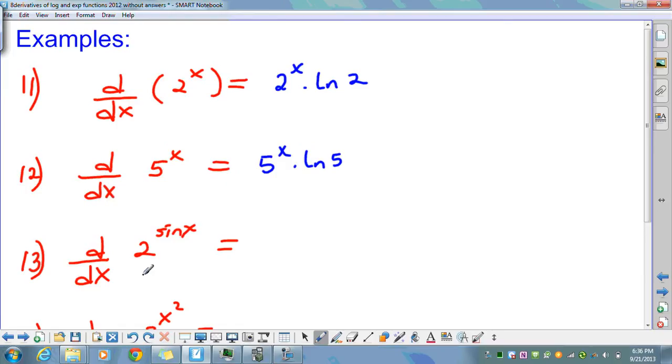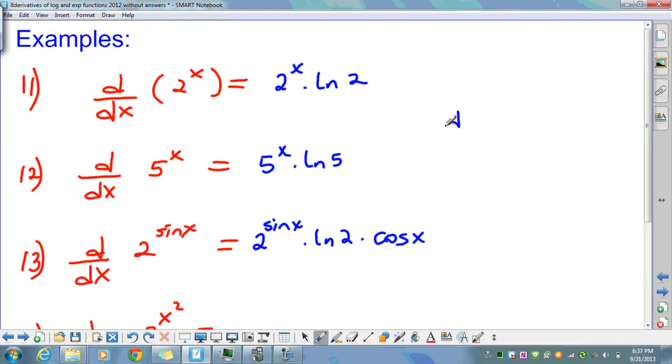But what if you have 2 to the sine x? So that would be, first you apply the same thing. But in addition, anytime you have something more than just x, you also need to multiply it with the derivative of that. So that will be multiply everything by cosine x.